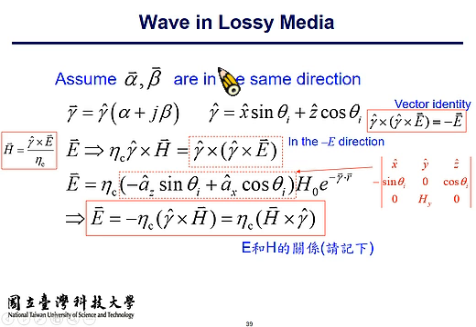And we begin with this relationship and do the cross product of gamma on both sides. So you have gamma cross H, gamma cross E. We use the unit gamma hat, the unit vector of gamma.